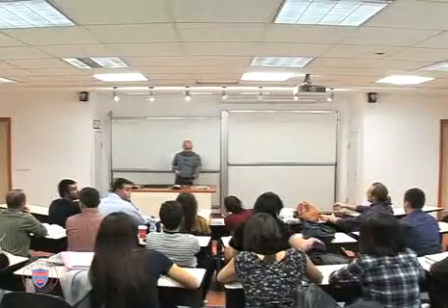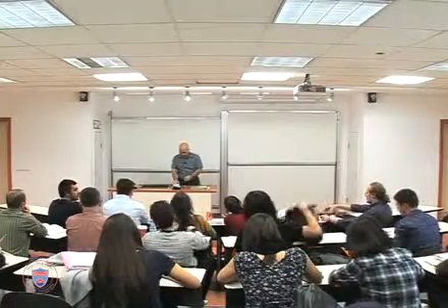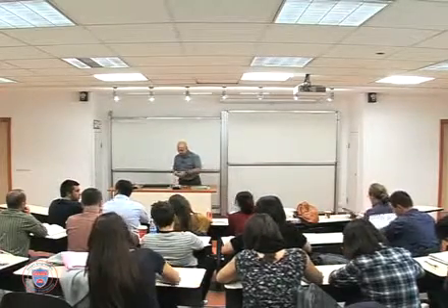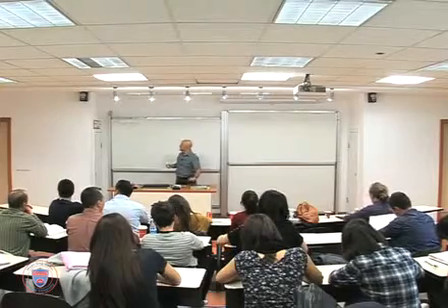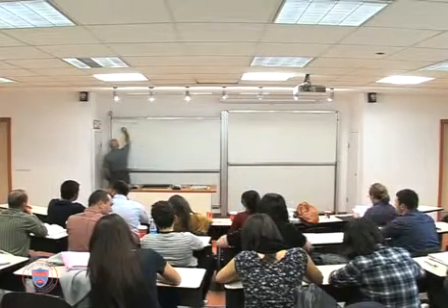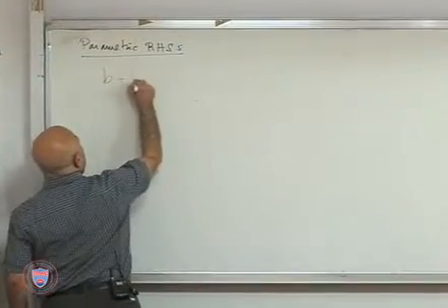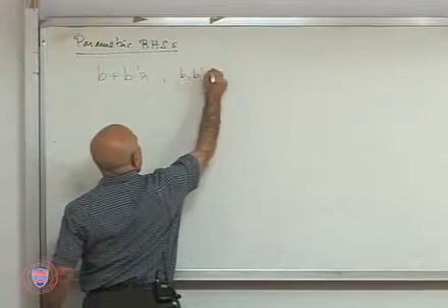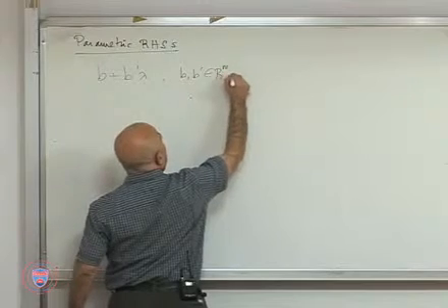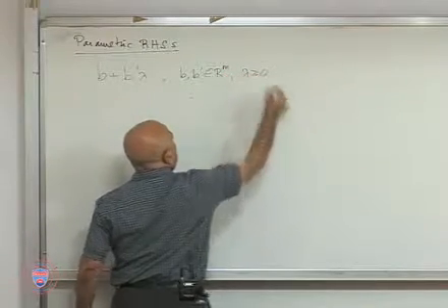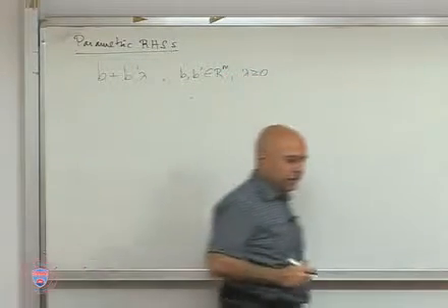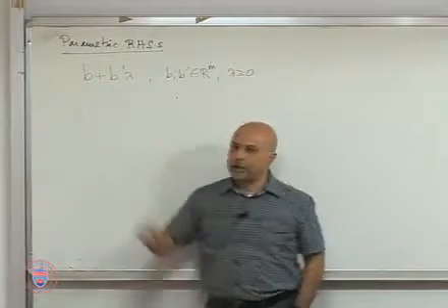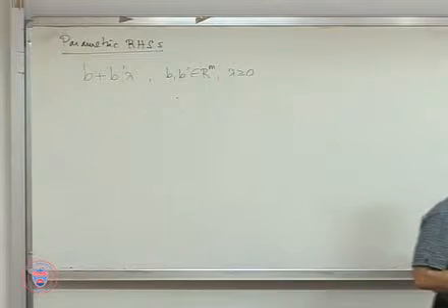Parametric right-hand sides. All right, so suppose we have a linear program, and the right-hand side vector b is parameterized.